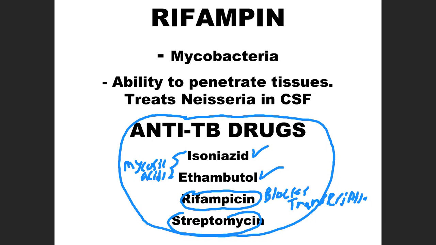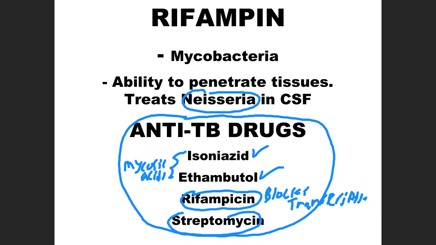Another use for rifampin, rifamycin, whatever you want to call it, is to treat meningitis caused by Neisseria meningitidis. Okay, so Neisseria meningitidis is a common cause of meningitis in children. And not only can it be used to treat that type of meningitis, but it can also be used to prevent it.